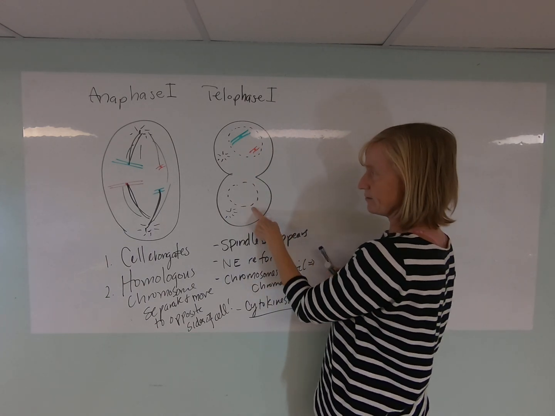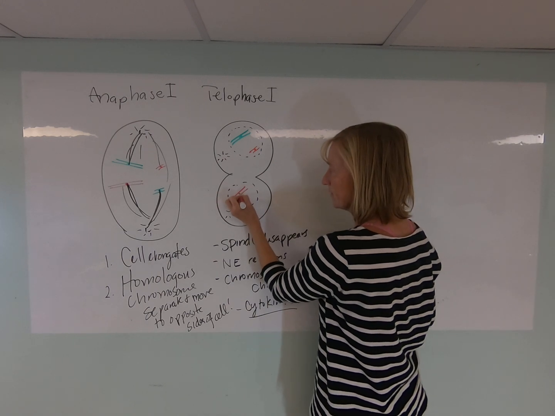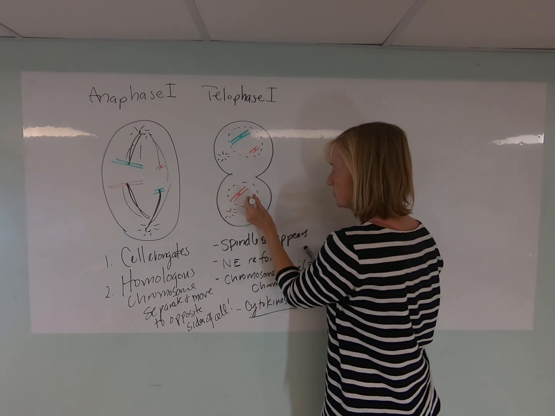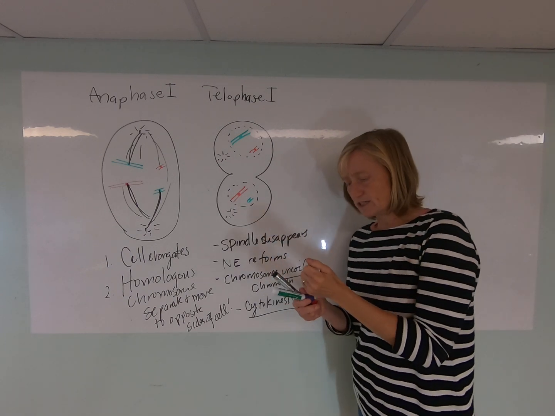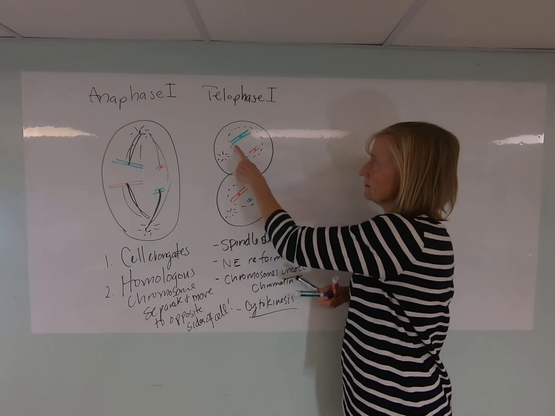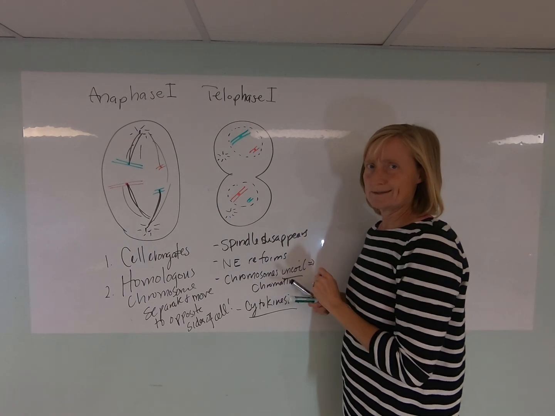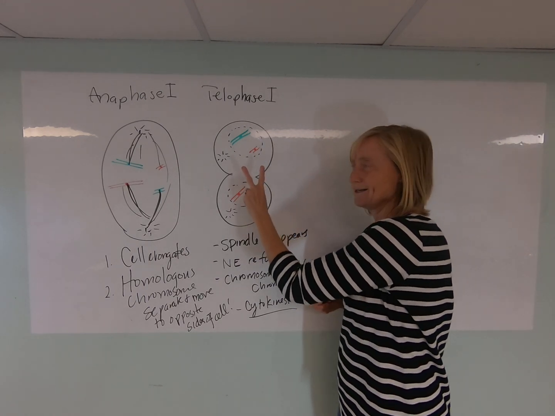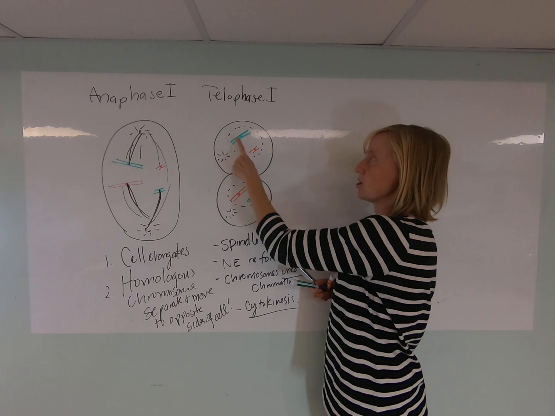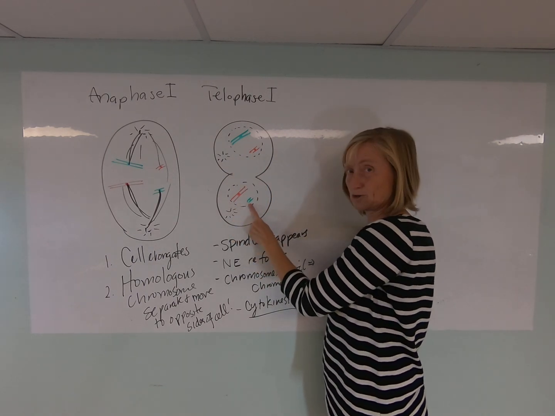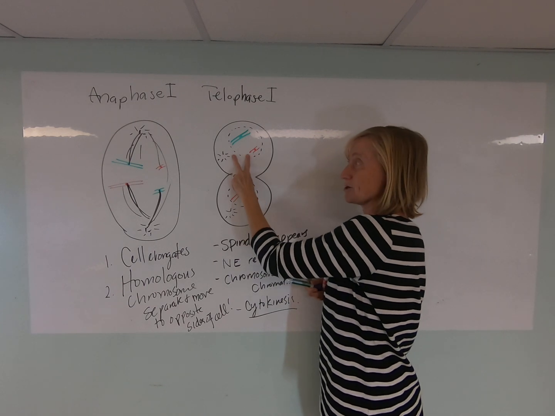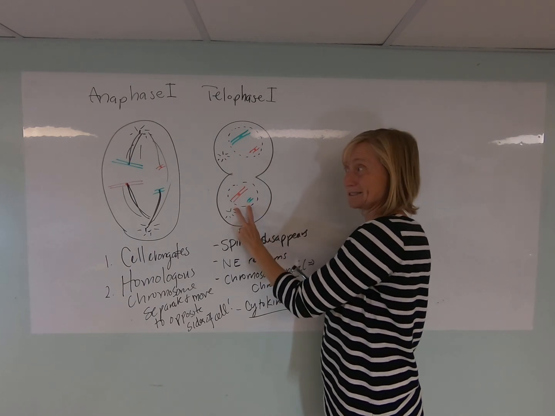And in this cell down here, we have one long red chromosome and one short green chromosome. Right? How many chromosomes are in each of these forming cells? 2 or 4? 2. One green chromosome that's long, one short chromosome. One long chromosome, one short chromosome. 2 chromosomes in this cell, 2 chromosomes in this cell.